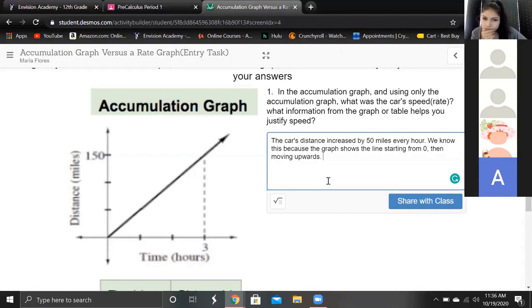The car's distance goes up 50 miles every hour. We know this because, I'm not sure. Kind of just say that the speed doesn't increase, it stays the same, and that's why it goes upwards like that, and it doesn't go in a curve or anything, because it stays the same.